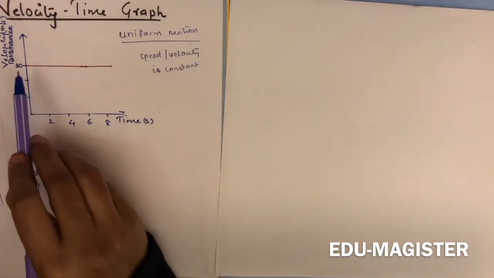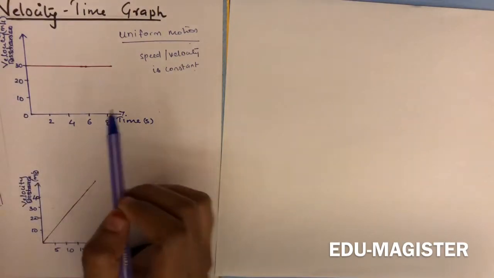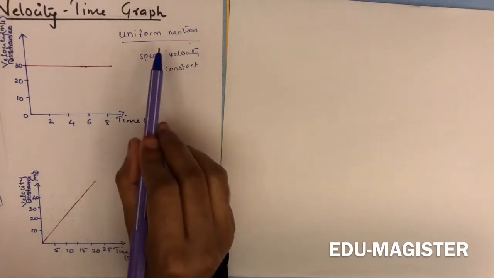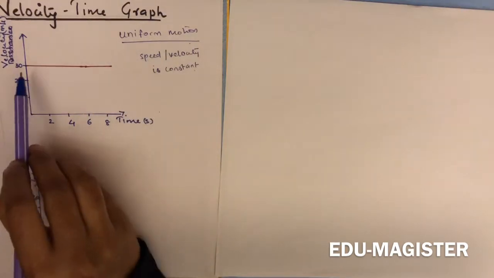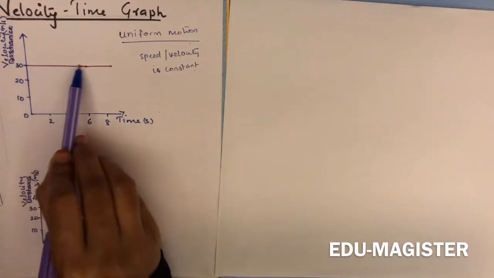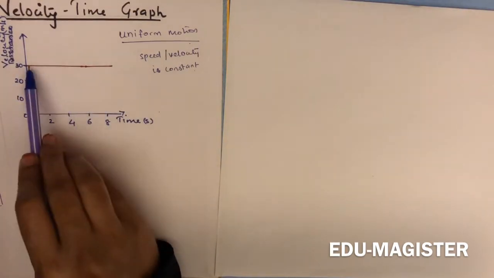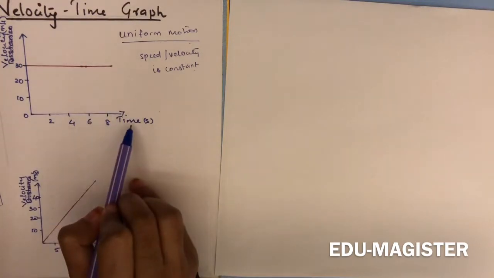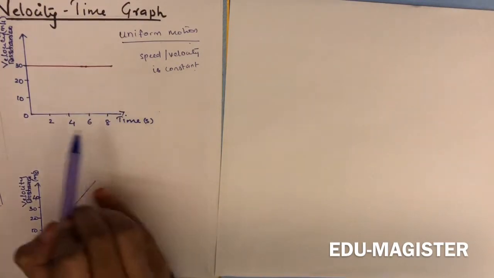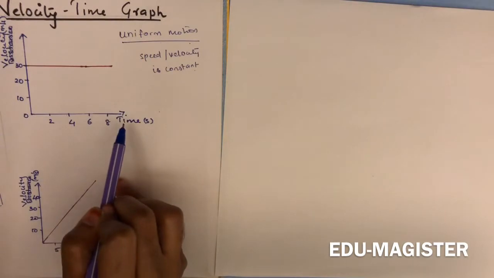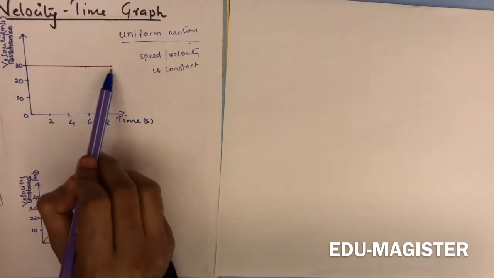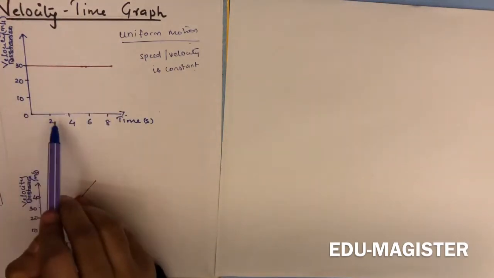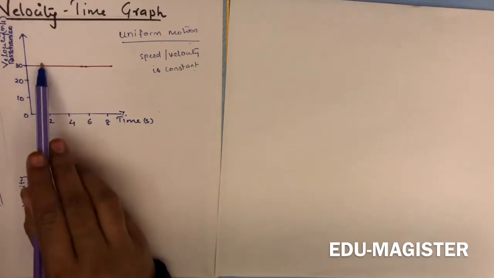Alright, so in the case of a velocity time graph, the speed is constant for a uniform motion. That's what we said. So here, when I draw a straight line, that means a horizontal line parallel to the x-axis, that means even if time is passing, my velocity is the same. It is not changing. In the first 2 seconds, it is 30 meters per second.